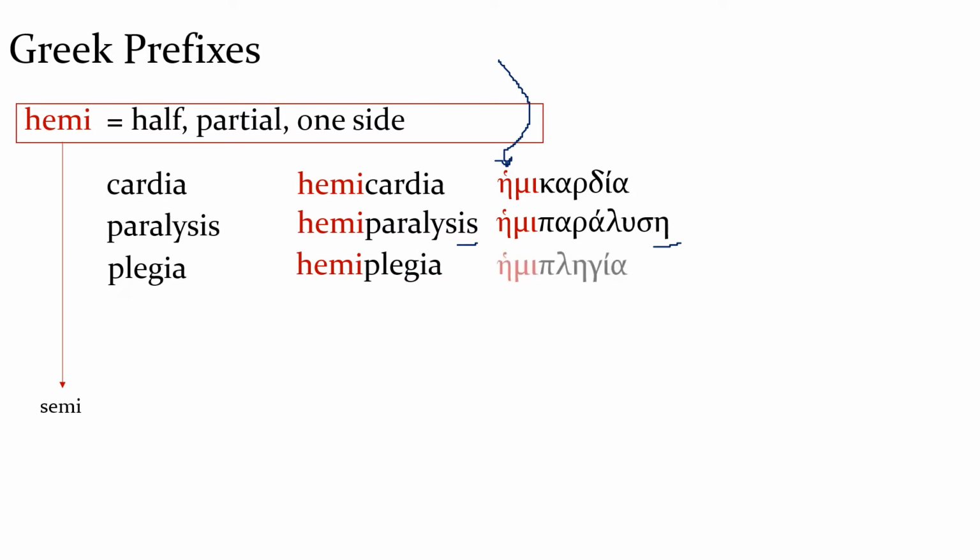Here's the word plegia, and we get the medical term hemiplegia. And here's what it looks like in Greek, imiplegia. And even if you don't know what the words by themselves mean, you still know that it pertains to, again, something that is half or part or partial or one side. And if you don't know plegia, don't worry because that'll come up along with many of these other words in later lessons.